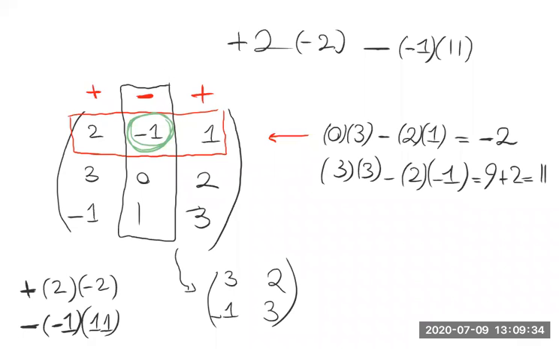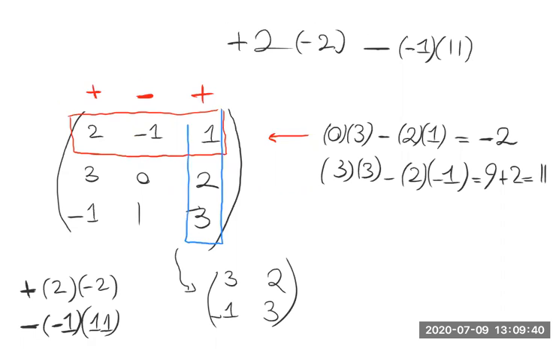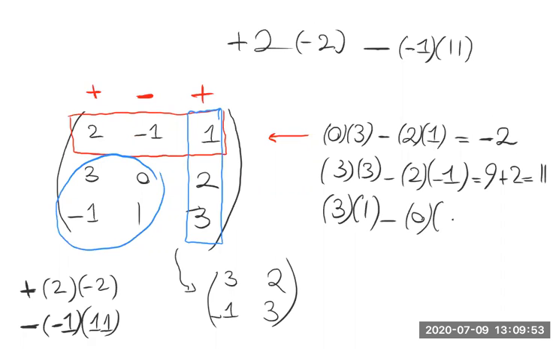Okay, erase this column. Let's look at the third element, the last element in this row. If I remove this row and this column, what remains is this 2 by 2 matrix. I need to compute the determinant of that. That's 3 times 1 minus 0 times minus 1, which is just 3.